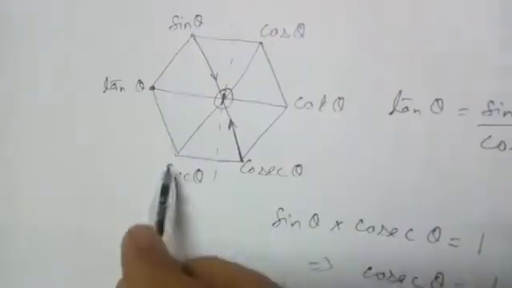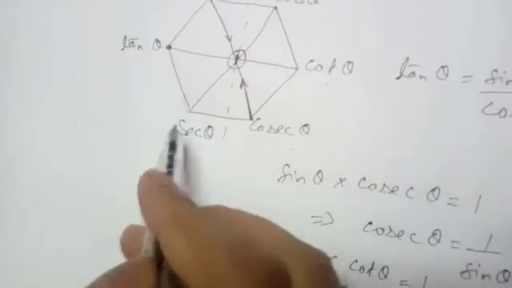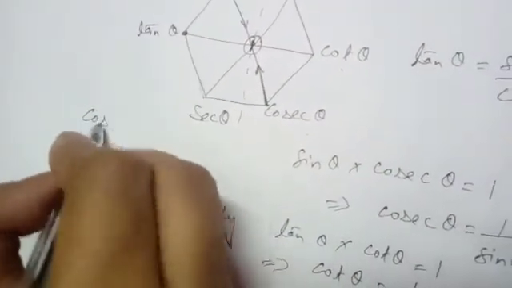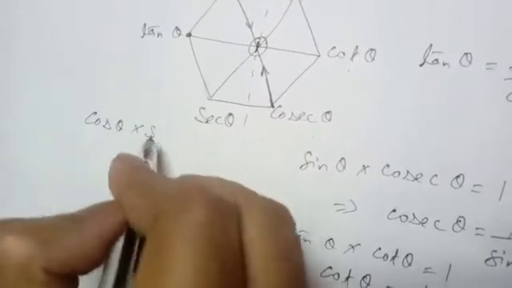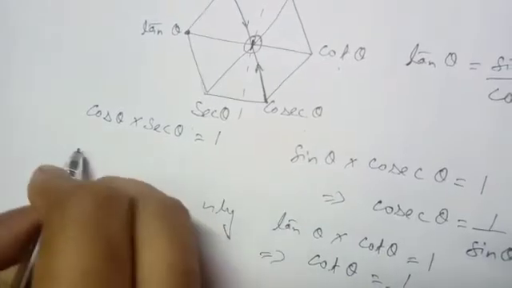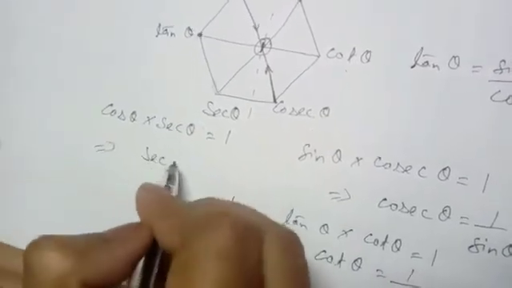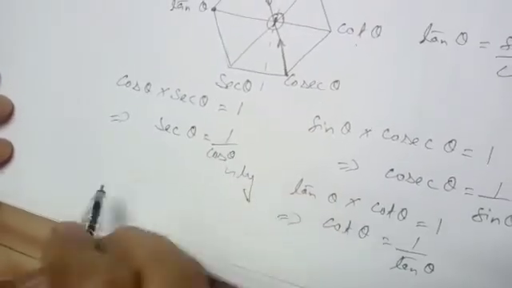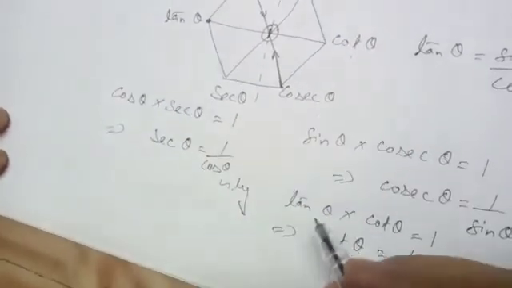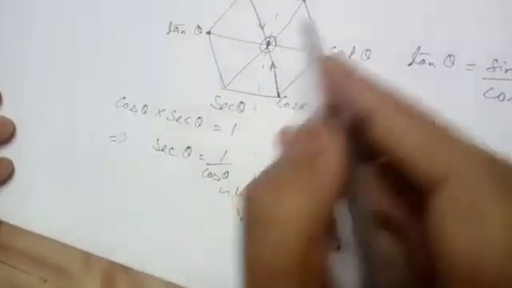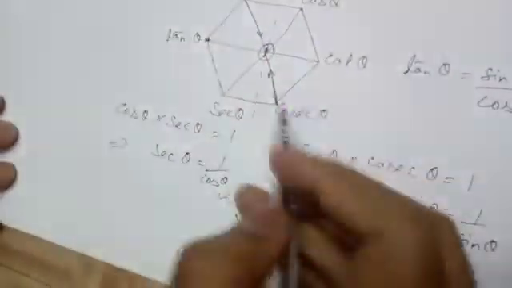It has cos theta and sec theta at its two ends. So now you can write cos theta into sec theta equals 1. So we can say sec theta is 1 upon cos theta. Isn't it amazing? Because we can find the reciprocal of any trigonometric ratio by using this concept.